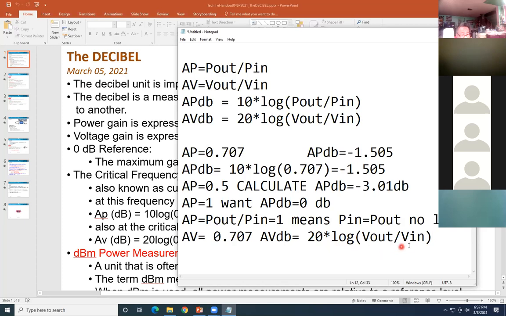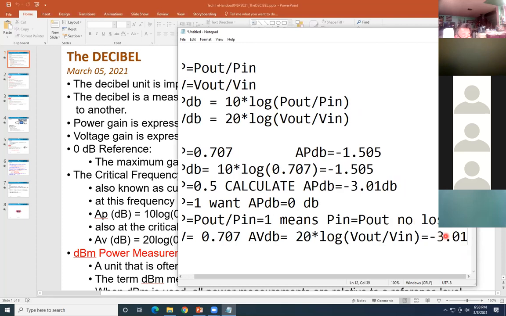Okay, so if you do the calculation, what do you get? Minus 3 dB. You must know how to do your calculation. Minus 3 dB. Minus 3.01 dB. Same thing.